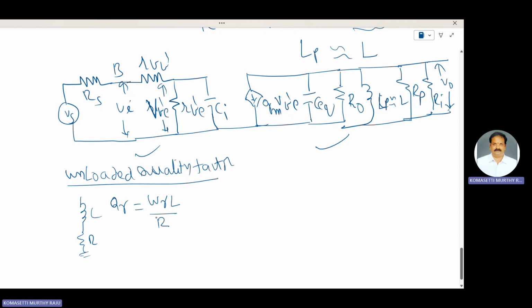The quality factor is called as unloaded quality factor Q.